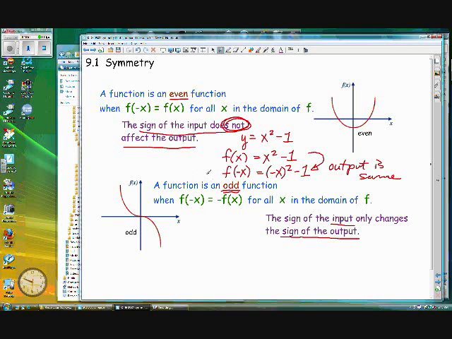Isn't that weird? This doesn't make any difference at all to the output. But with an odd function, there is a difference, that the only difference is the sign. So it gets this nice kind of symmetry here. That's an odd function. Now, what kind of symmetry do you see here? Symmetry with regard to the origin, isn't it?